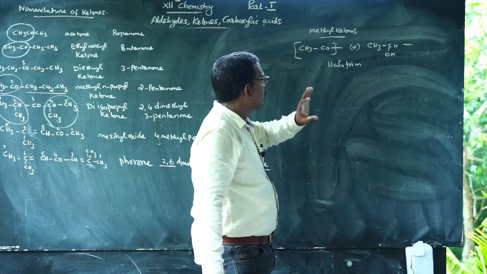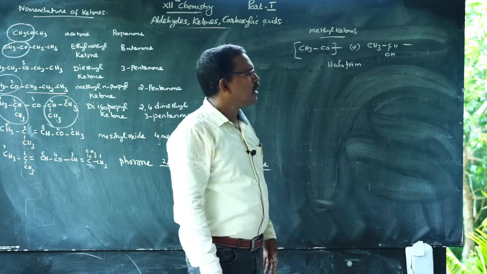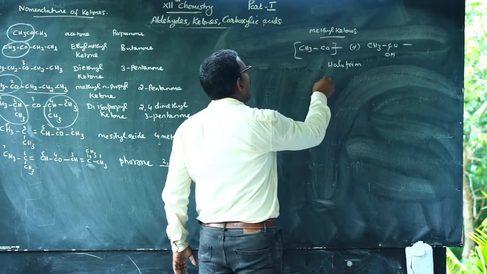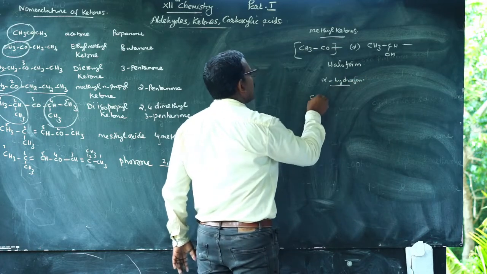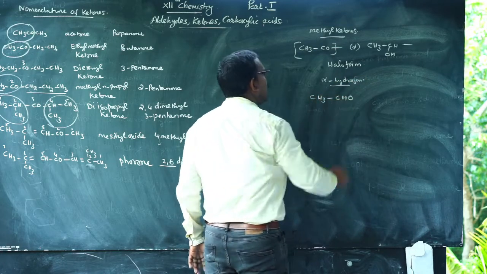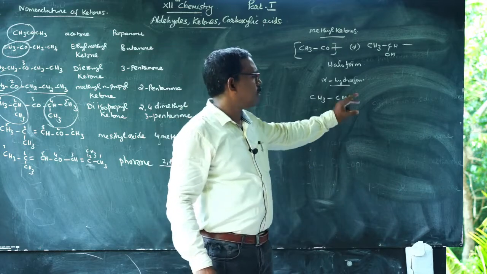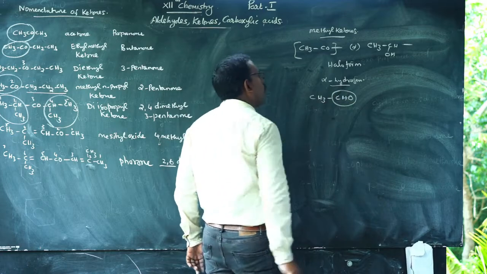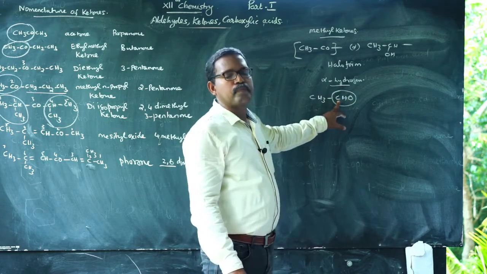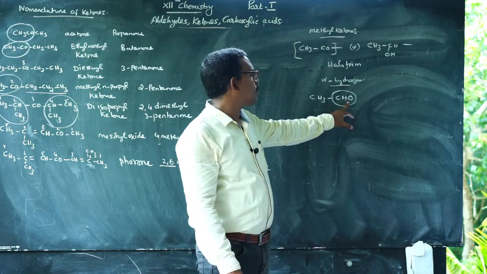So that is methyl ketone identification. Another one is the alpha hydrogen atom. How to identify the alpha hydrogen atom? This compound is acetaldehyde. First you see the functional group. Aldehyde, CHO, is the functional group.